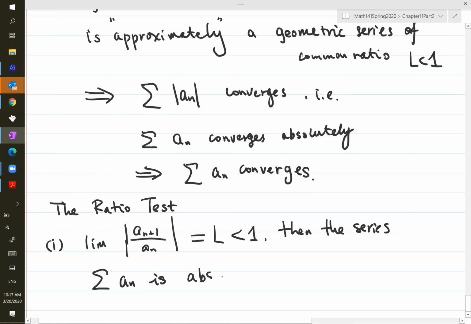Absolutely convergent, of course, implies convergent.